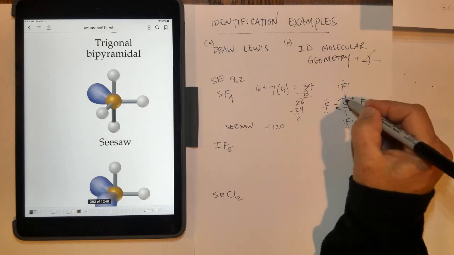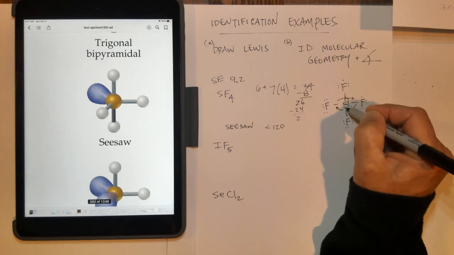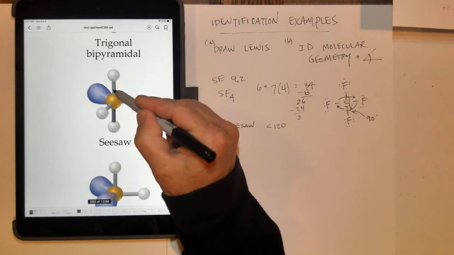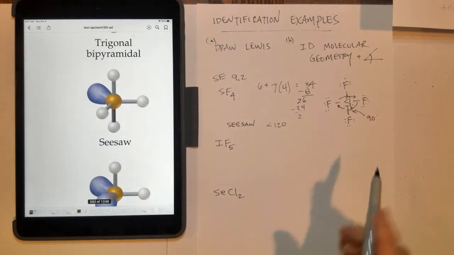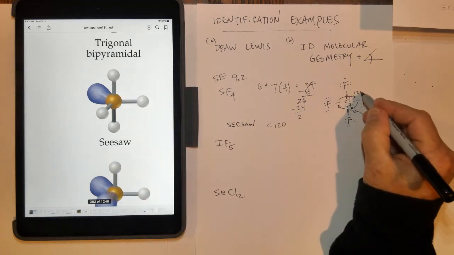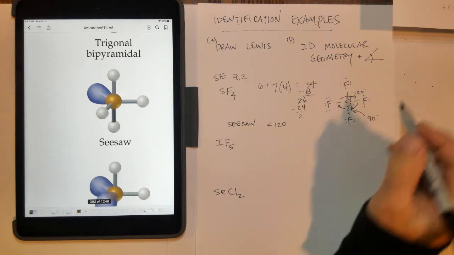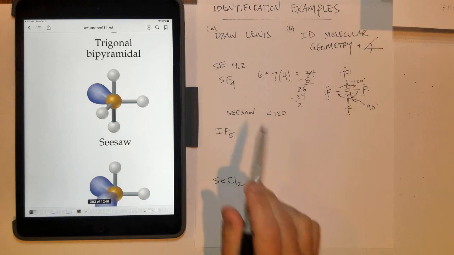And then on the axial positions, it would be about a 90-degree bond angle, like this. So approximately 120 and 90 would be the bond angles. Alright, so that's the first one.